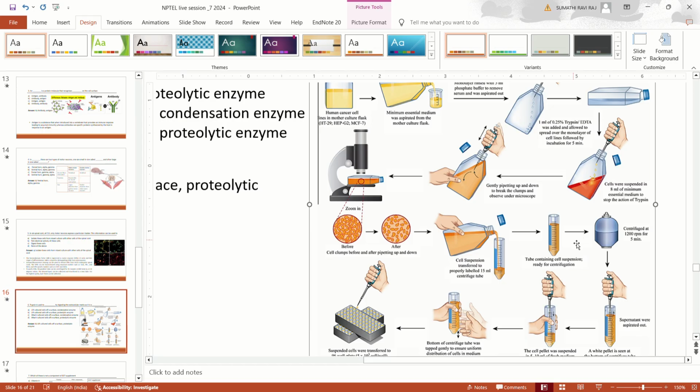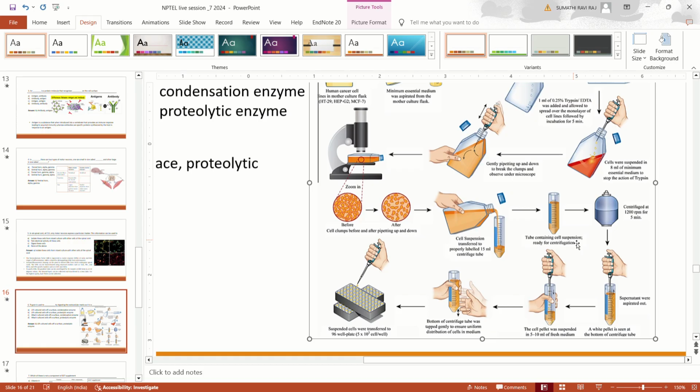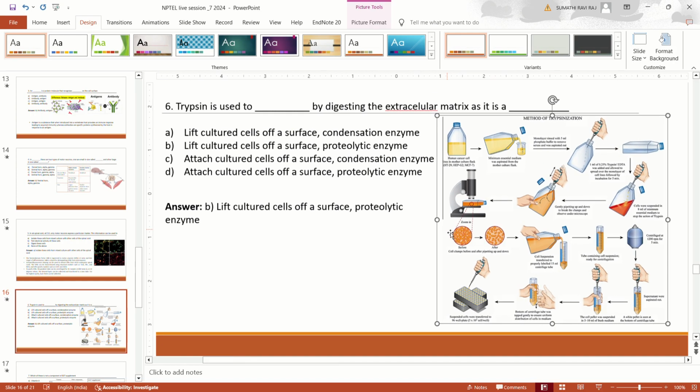After which you will discard the supernatant and then add fresh media and then resuspend it either gently with a pipette or just by shaking the tube gently and uniformly so that your cells will get dispersed in the media. And now you will seed your cells based on the number of cells required after cell counting. So this is the method for trypsinization, how you use trypsinization for subculturing.